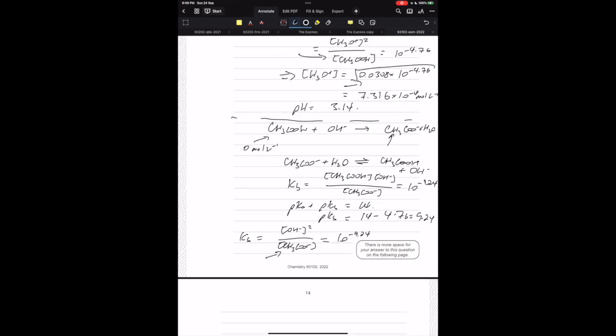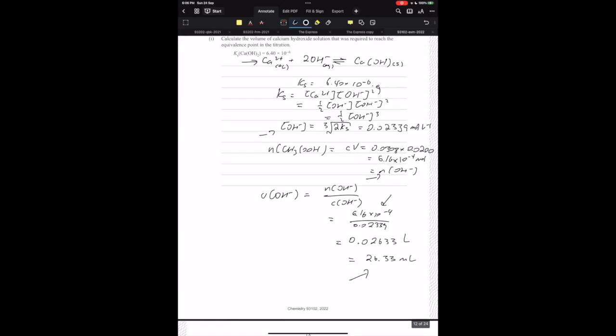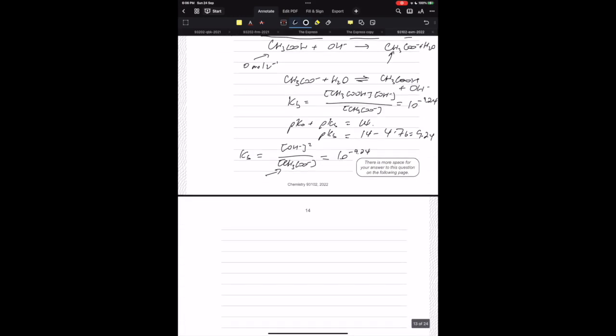We know that the number of moles of ethanoate ions was given by this up here, because that was the number of ethanoic acid molecules that was reacted. So the number of moles of ethanoate is equal to 6.16 times 10 to the negative 4. The volume of, let's just say the solution.